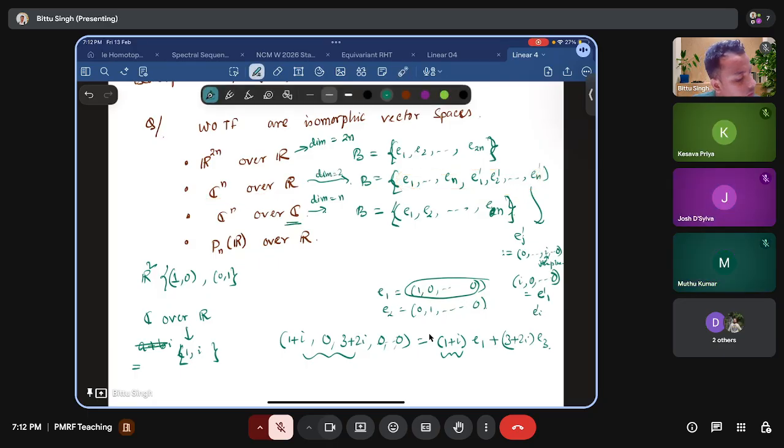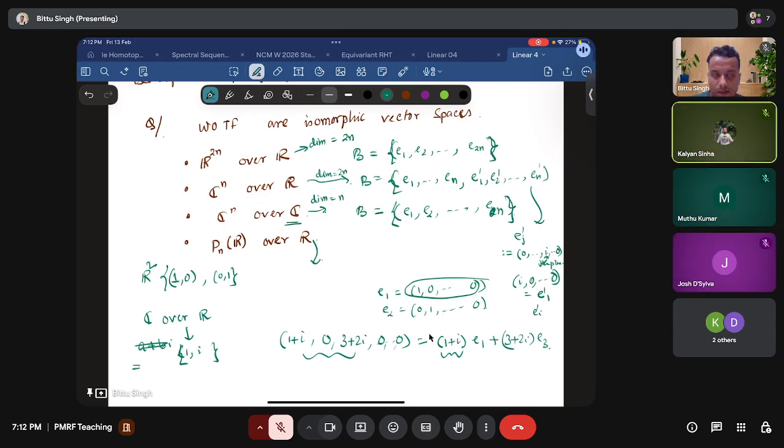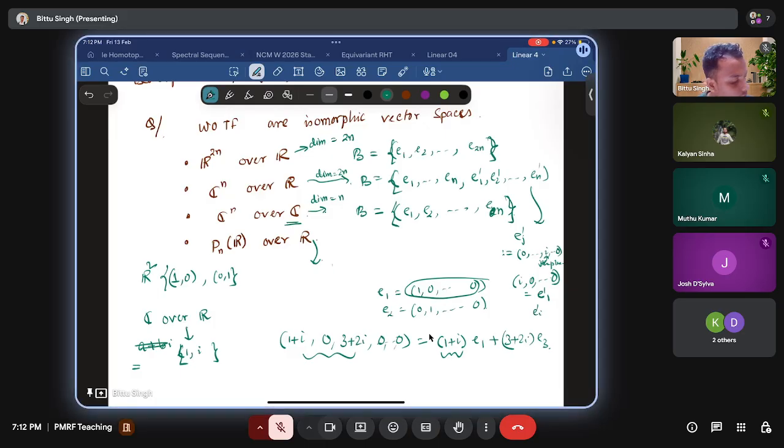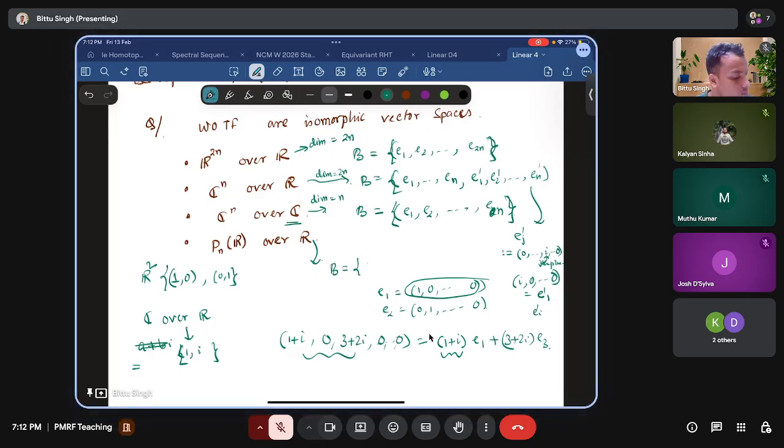Dimension is 2n. Now, what about the polynomials Pn(R) over R? N plus 1. Exactly. So, can you give me a basis? It is simply 1, x, x square up to x to the power n.